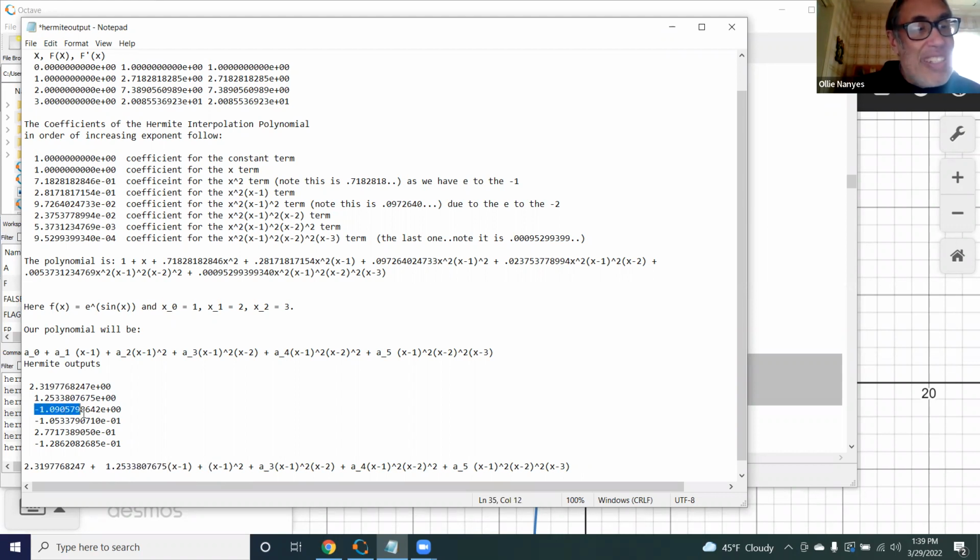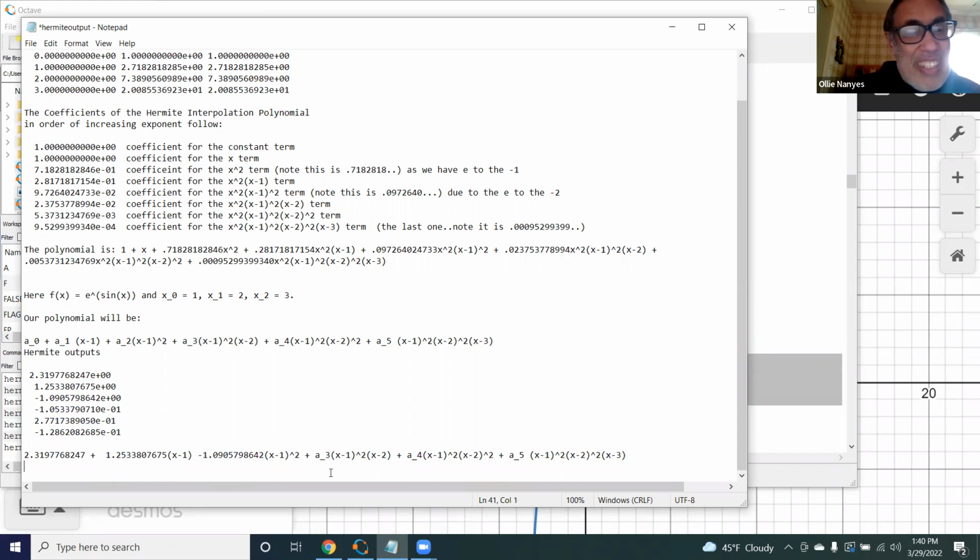I'm going to get rid of the plus 2 because that has a sign to it. And now we're at 0.01, so I've got to do 2 adjustments here. Let's get rid of that.